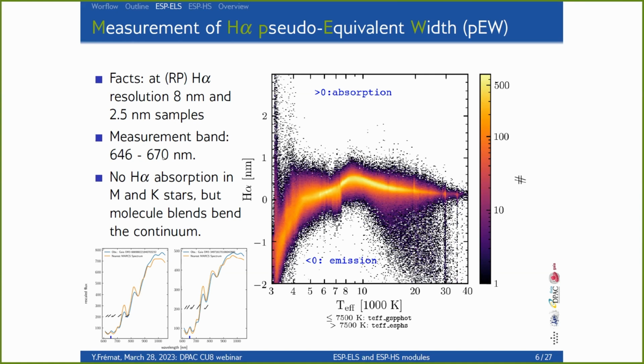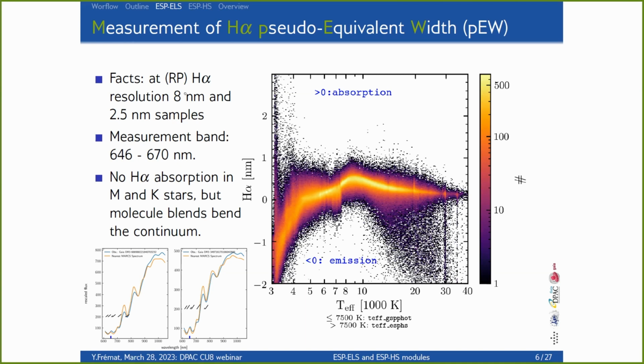Here I also want to remind some facts: at H-alpha in the RP, the effective resolution is 8 nanometers, and the width of this wavelength sample is about 2.5 nanometers.